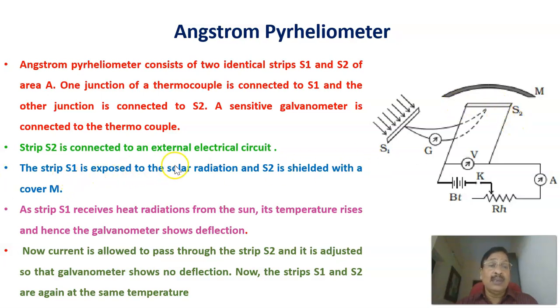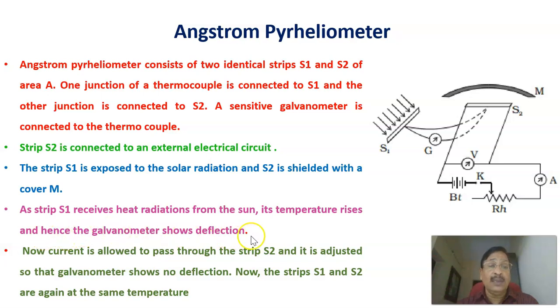The strip S1 is exposed to the solar radiation, and S2 is shielded with a cover M. So S1 is exposed to sunlight, and S2 is not exposed. The strip S1 receives the solar radiation from the sun and its temperature rises.